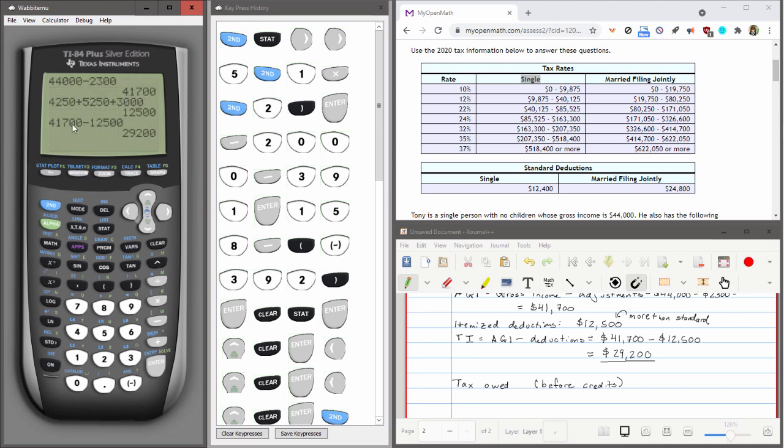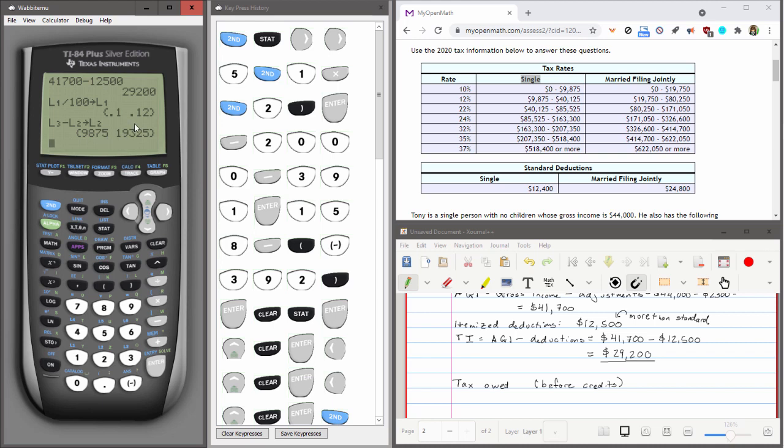So I'm going to convert my rates to a percent. And then for each bracket, I'm going to take the end minus the start to get the amount in that range. And we notice that the amount that's taxed at 10% is $9,875.